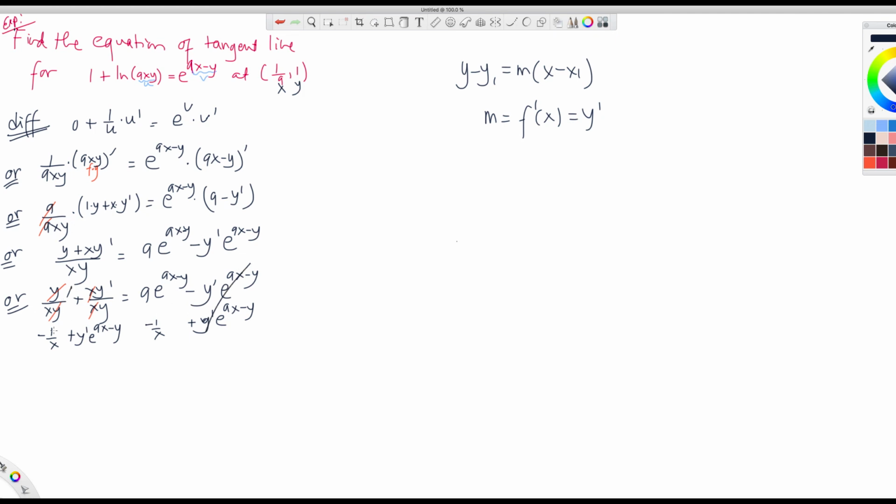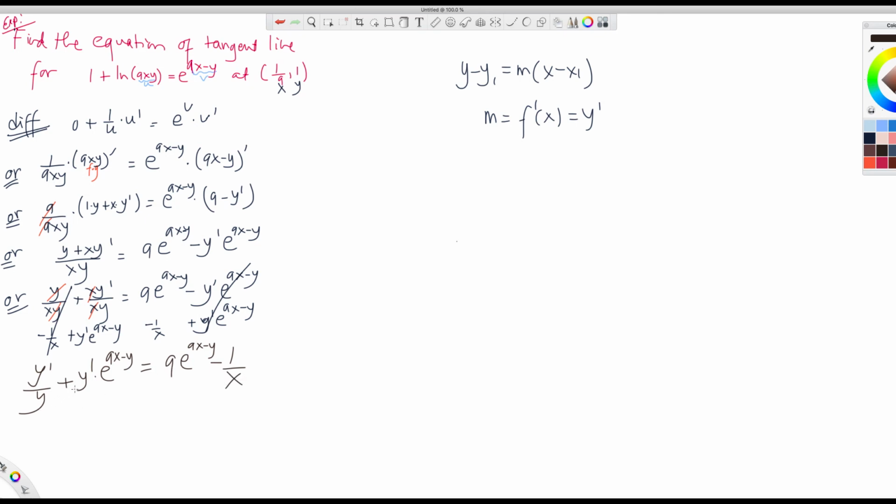And then that will cancel out as well. So what is left is y prime over y plus y prime times e to the 9x minus y, okay, equals 9 e to the 9x minus y minus 1 over x, okay.